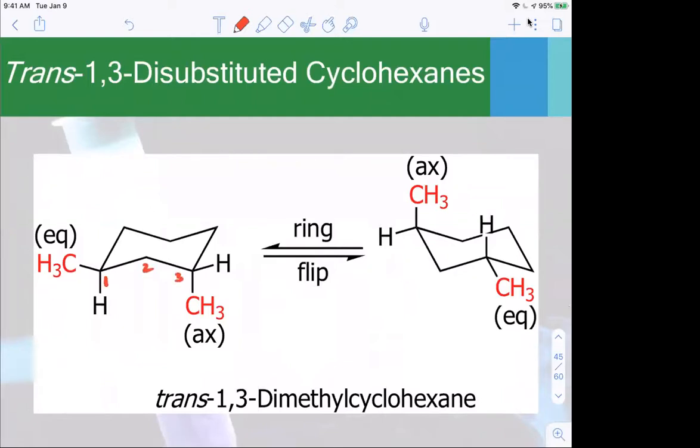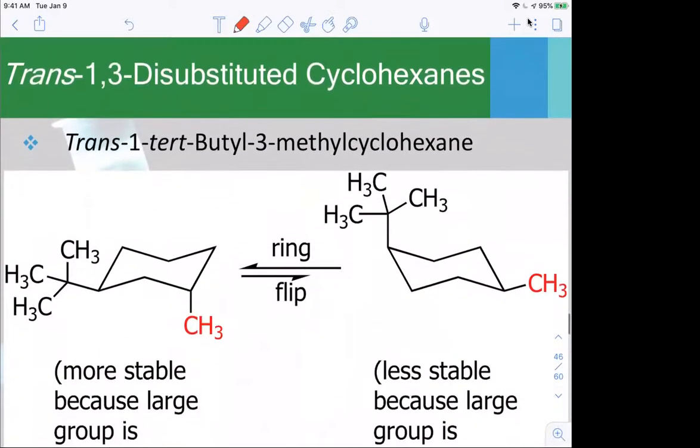Trans means they're on opposite sides. So here I have equatorial up, axial down. I do the ring flip. This equatorial becomes axial up. This axial becomes equatorial down. Both of these have one axial methyl and one equatorial methyl, so they're equivalent in terms of stability.